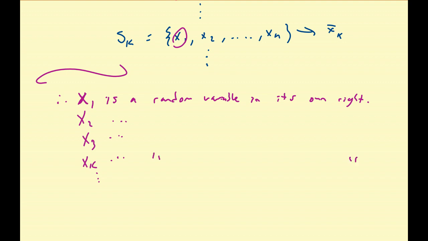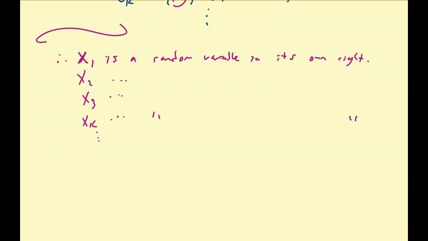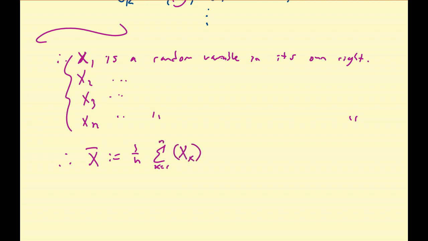So all of these values are random variables. If that is true, this last one should be xn. So that means that x bar, which is defined to be equal to the average from k equals 1 to n of these random variables xk, also is a random variable, which we had discussed in a couple previous videos.